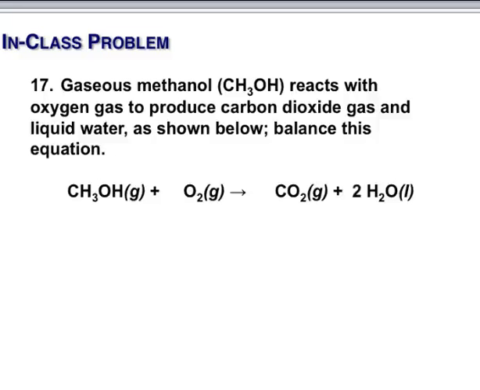Now what we have done is we have made 1, 2, 3, 4 oxygens on this side, and we only have 3 on this side. Right? So let's double this. Now our oxygens are even again, but our hydrogens are off again. Now we have 4 times 2 is 8. Only have 4 here. So let's double this again.